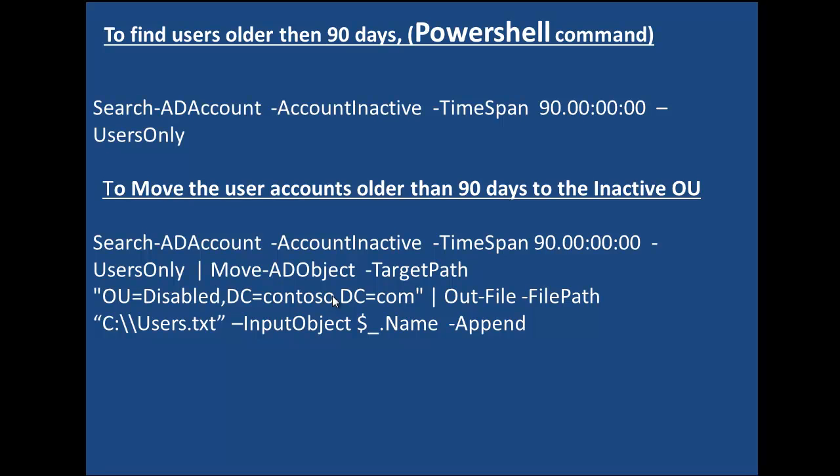You're outputting that to the users text file, and you're inputting an object name stored under the variable name, and you are appending that. You can also search for inactive accounts using DSQuery, and you can also move them using DSQuery.